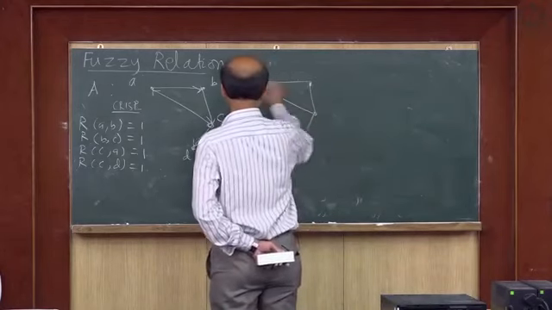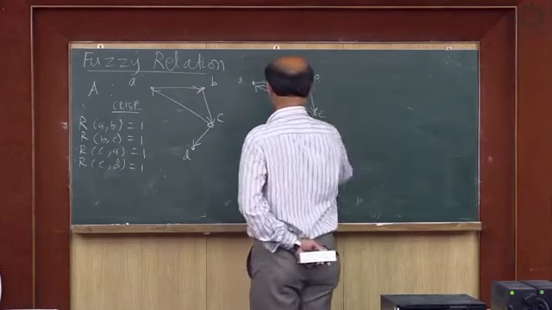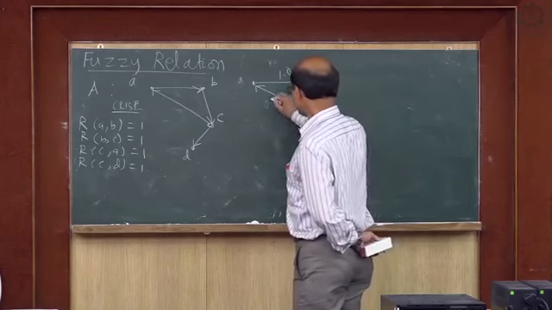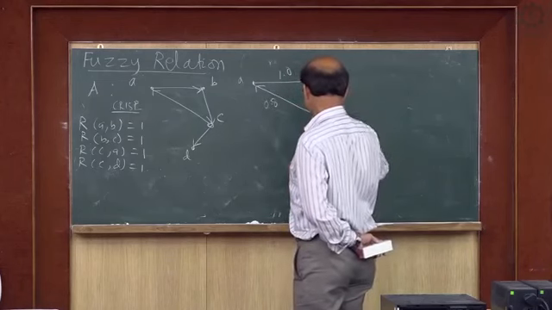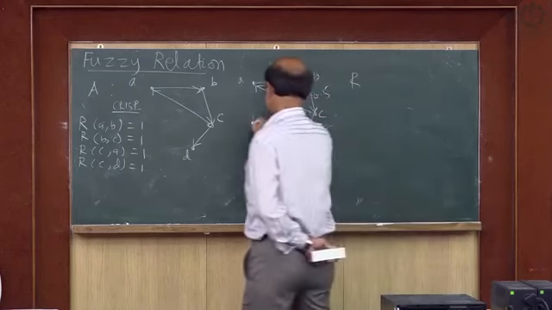Same thing if I have fuzzy. So, I have A, B, C, D. Suppose A to B is 1.0, this may be 0.8, this may be 0.5, this may be 0.2. So, this is fuzzy.